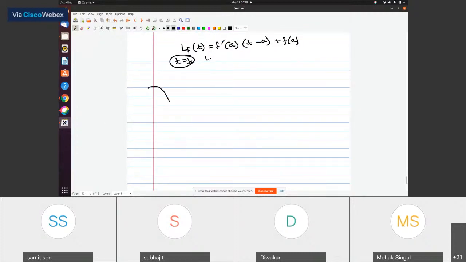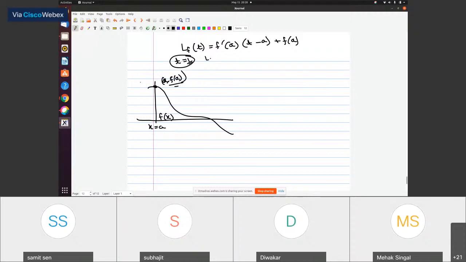Suppose a function is given. This is my some f of x. So linear approximation at some point, suppose this is x equal to a. This is the point. So the coordinate of this point is a, f of a, okay?